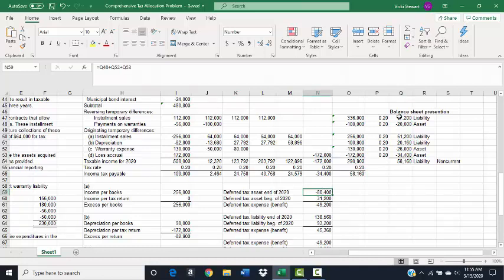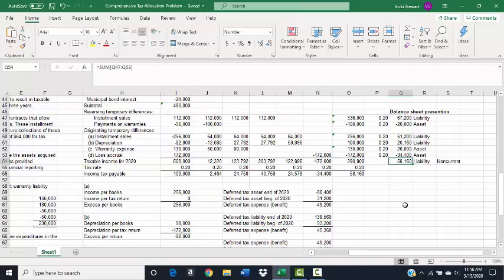We do the same thing for the three deferred tax liabilities for the installment sales remaining to be collected for 2019, the new ones for 2020, and then the accelerated depreciation. So when we add those three amounts, we get a total deferred tax liability of $138,560 for this year.